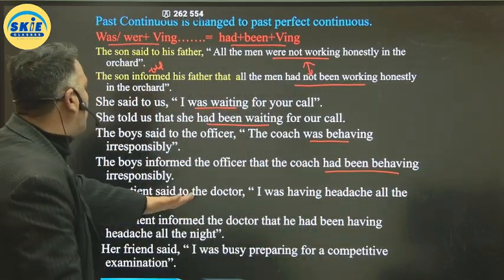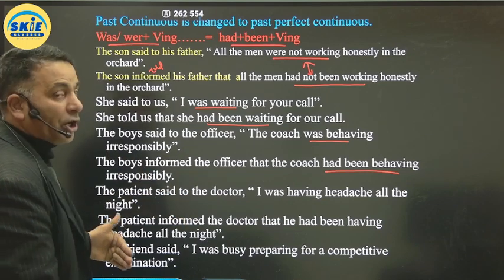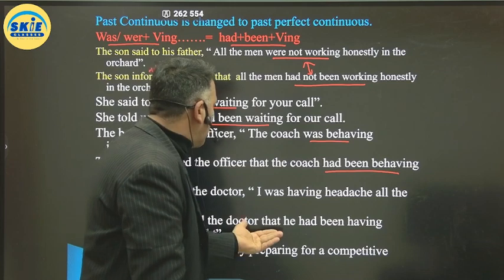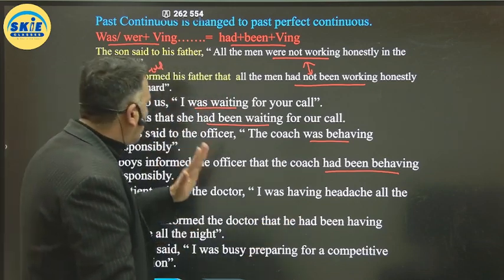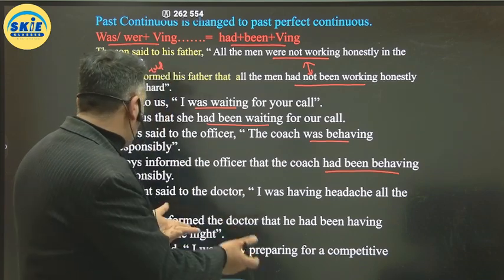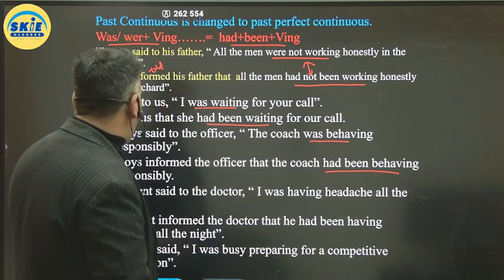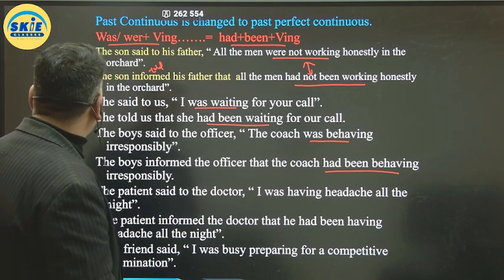The patient said to the doctor, I was having a headache all the night. The patient informed the doctor that he had been having a headache all the night. You can again say told the doctor, right? Or you can also say informed. Her friend said, I was busy preparing for a competitive examination.